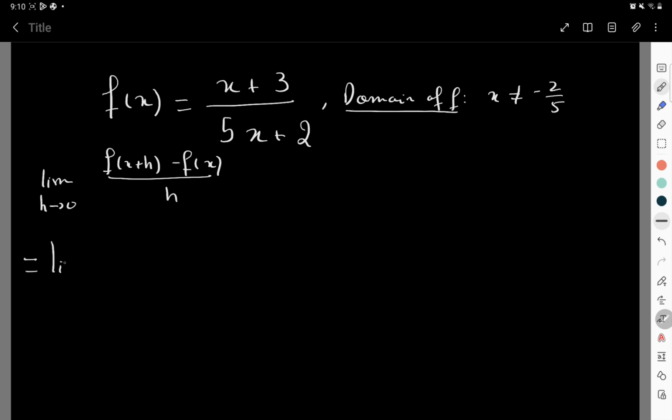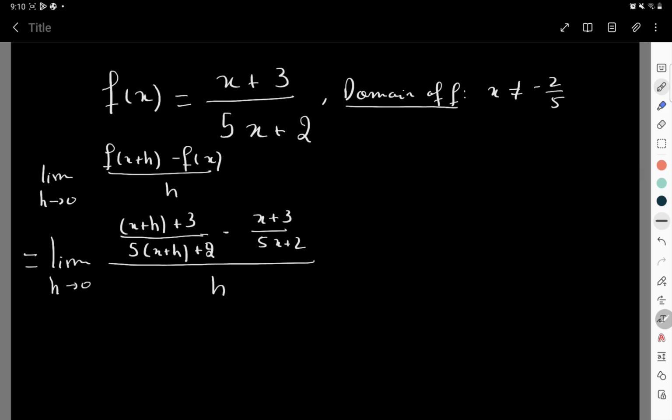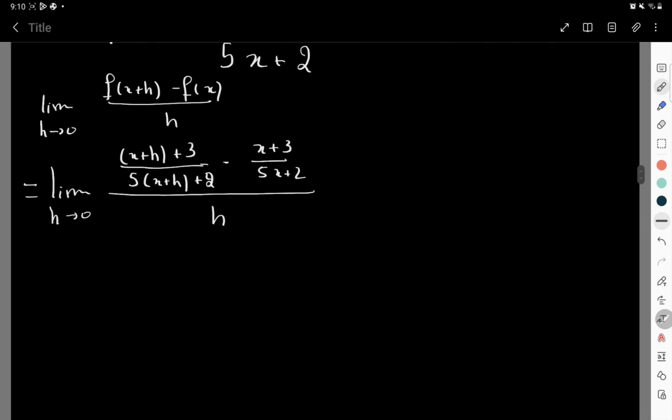We have a lot of fractions, but we should be comfortable doing these sorts of calculations. So f of x plus h is this, minus x plus 3 over 5x plus 2, over h. Great.